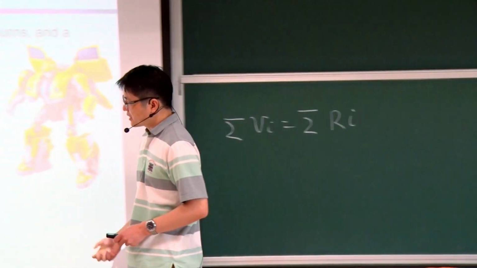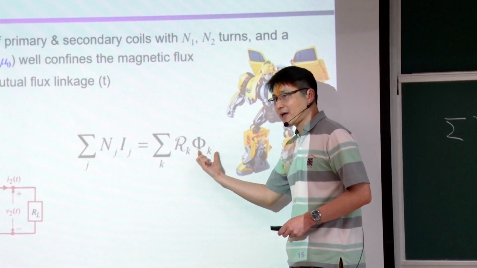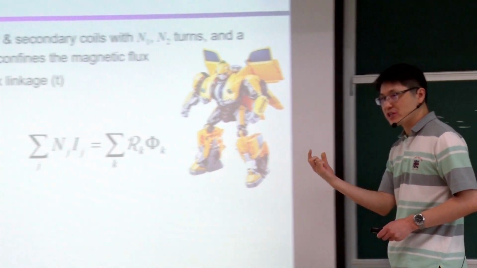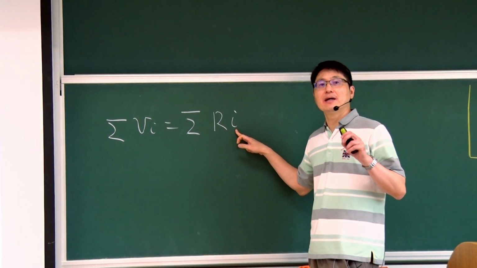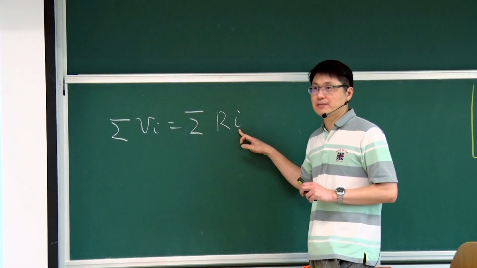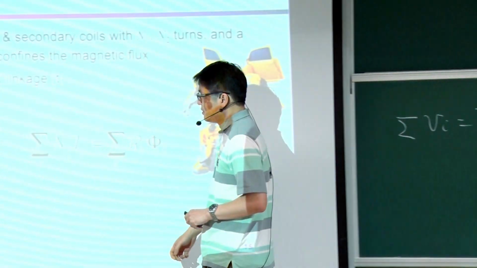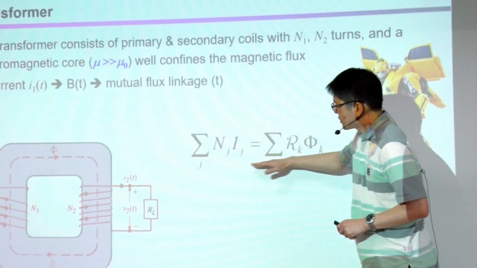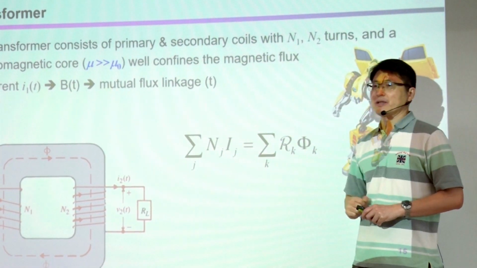In a magnetic circuit, the magnetic flux has the equal functionality as current in an electric circuit. Right? So this is the equation we are going to borrow for this particular device.